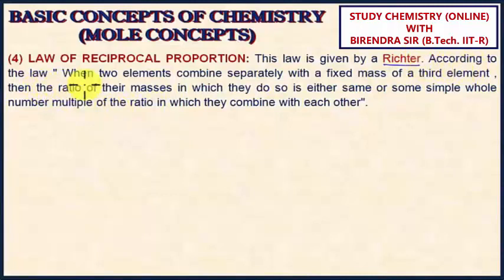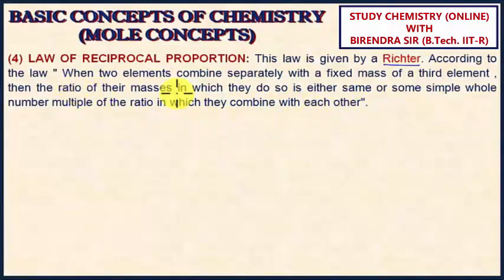According to the law, when two elements combine separately with a fixed mass of a third element, then the ratio of their masses in which they do so is either same or some simple whole number multiple of the ratio in which they combine with each other.